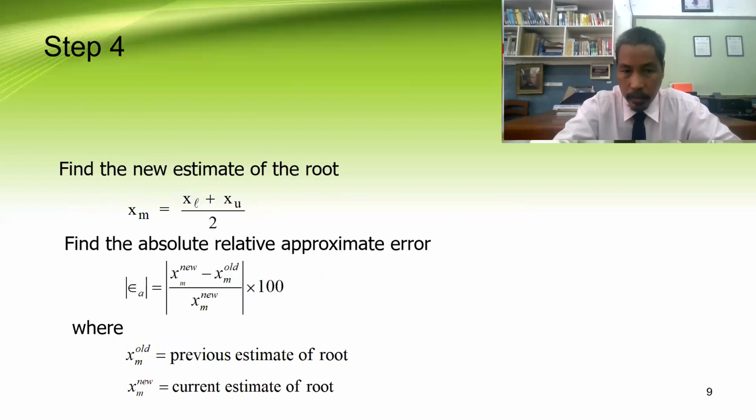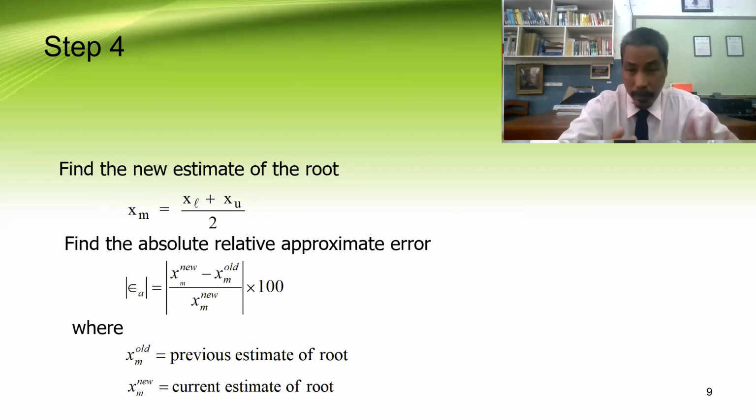So, step 4, find the new estimate of the root, XM is equal to (XL plus XU) divided by 2. So, find again another value of midpoint.